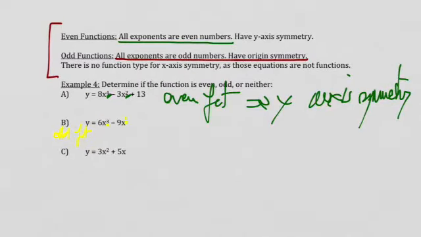That means it has origin symmetry. For this one, I got y equals 3x squared plus 5. What do we do? Well, it's neither an odd nor an even function.